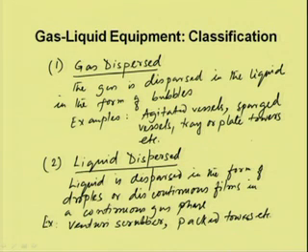The tray towers or plate columns and the packed columns are generally the most widely used equipments for gas liquid operations, particularly for gas absorption, stripping, distillation operations.